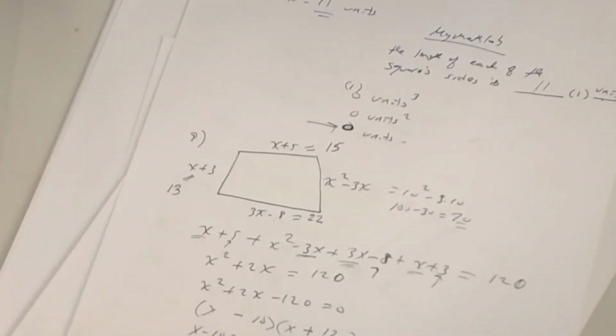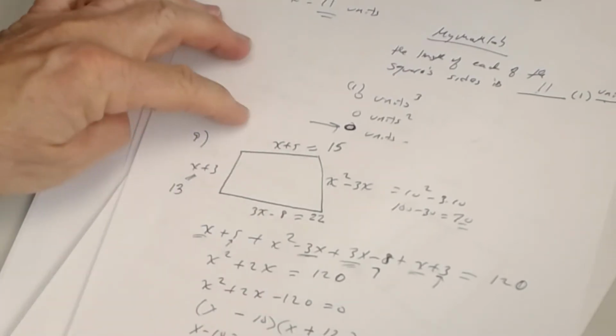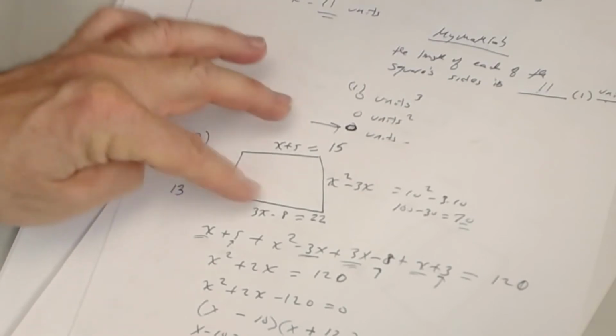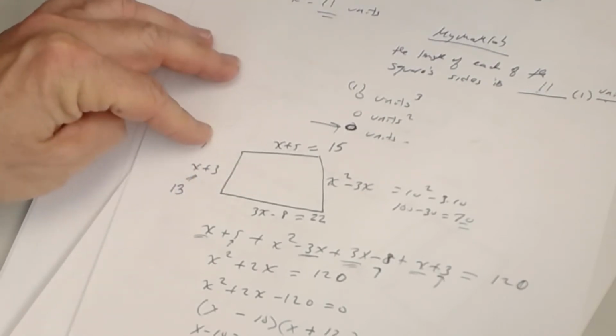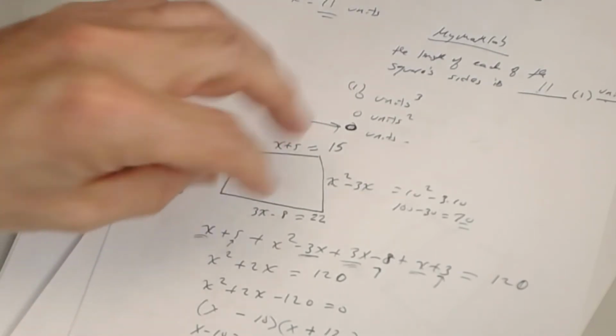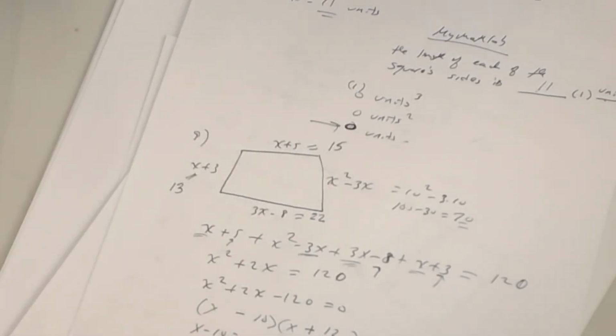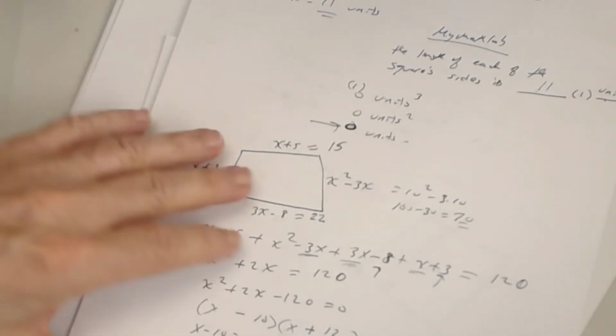Positive. Okay? And here, I couldn't use negative 12 because when I plugged in negative 12, one or more of my sides was what kind of distance? Negative. And distance can't be negative. So you got to look at the context of the problem. All right?